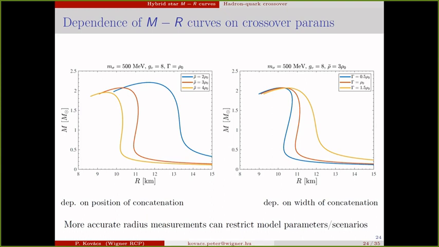Is there some observable which could help in fixing your parameter tuning? I imagine, for example, mesons in medium, so kaon properties in medium or something like this.